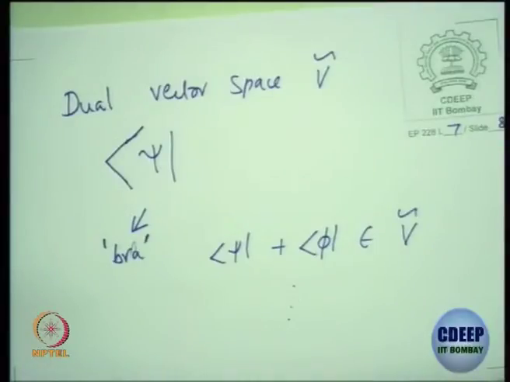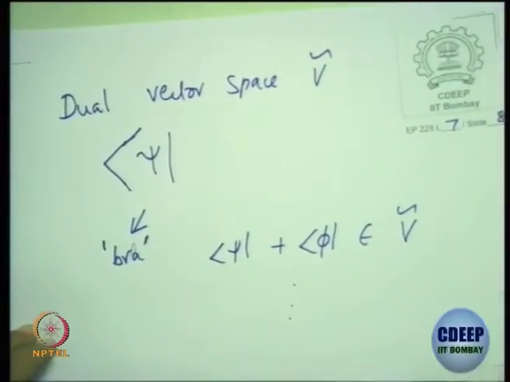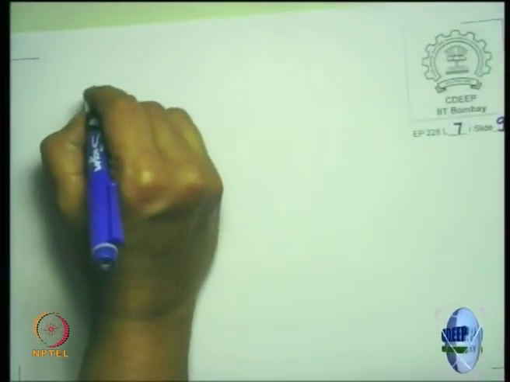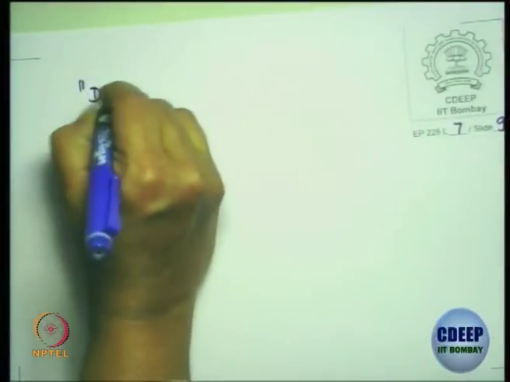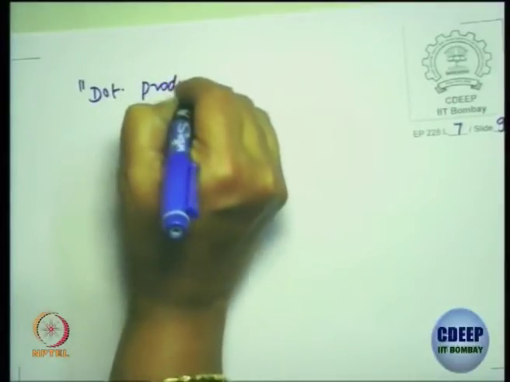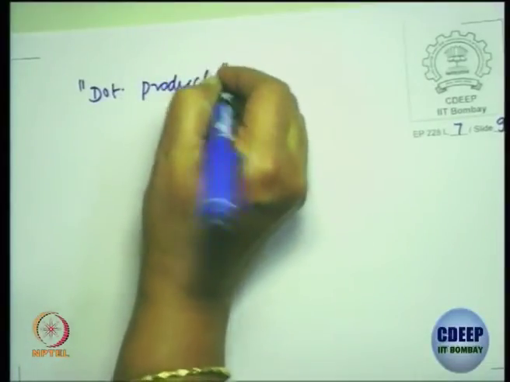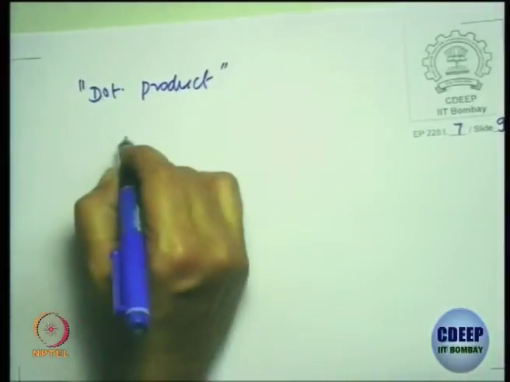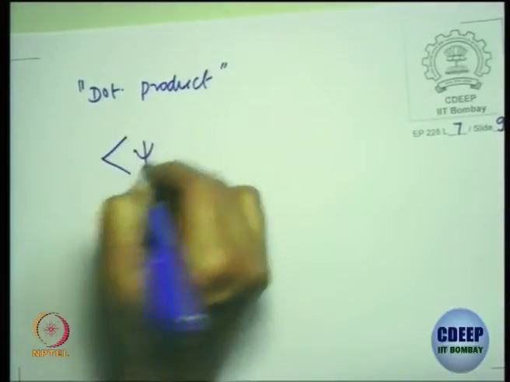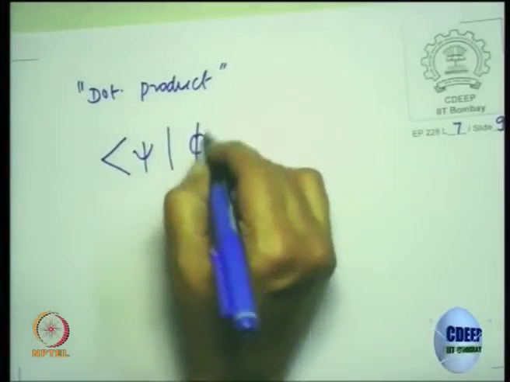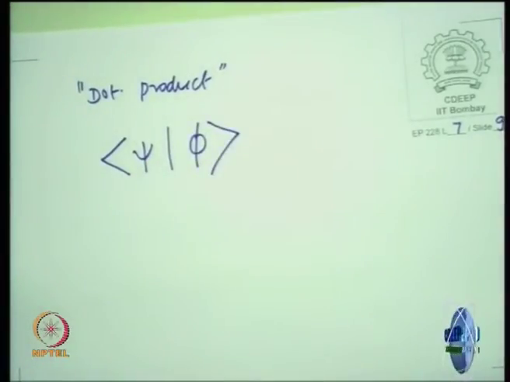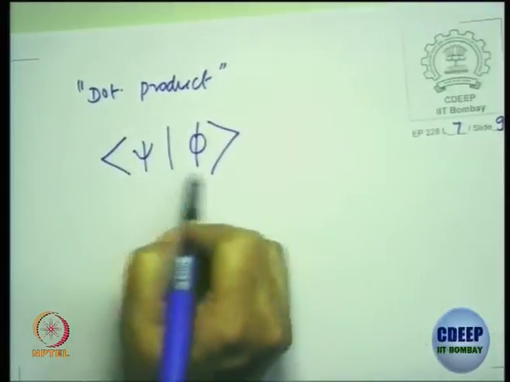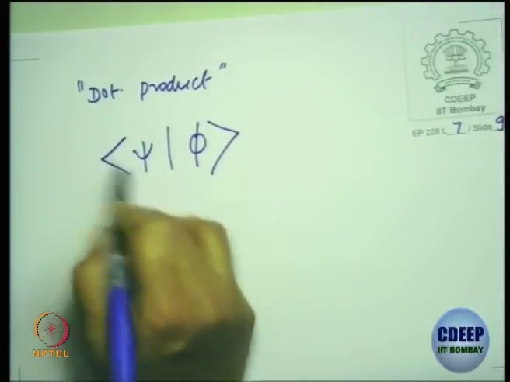So why have we introduced this notation? With this notation we can define an inner product, the quote unquote dot product which we studied in R3. We could write psi phi, a ket contracted with the bra.